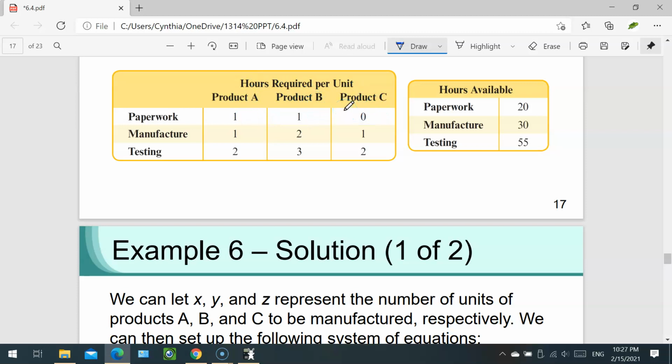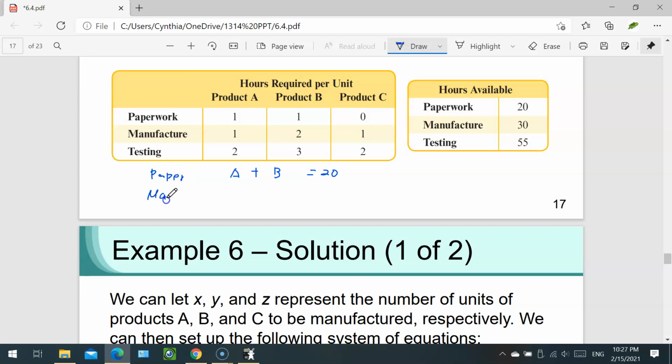So if you write down the equation, with the paperwork, we will have A plus B. C is 0, there's no C. So you'll get 20. This is the paperwork.